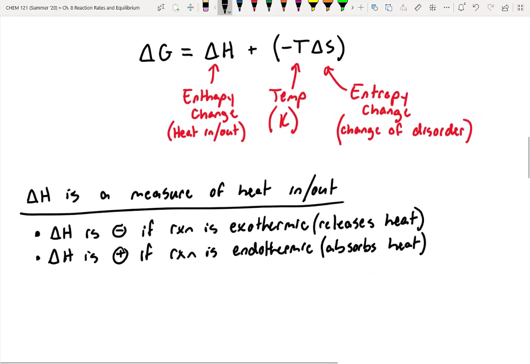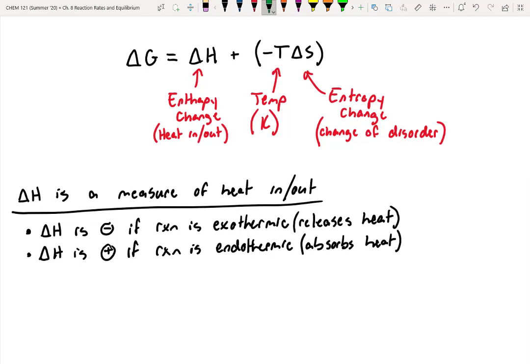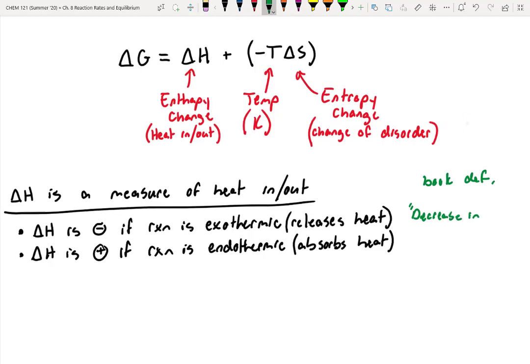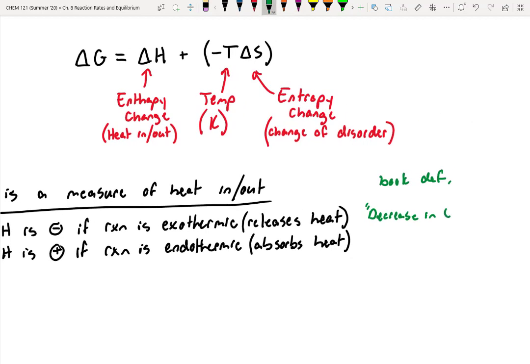Okay, so those are really important to know. I'll go over here and write the book definition. And it's kind of something that frustrates me, but they just simply refer to this as a decrease in energy. Let me go ahead and slide this over.